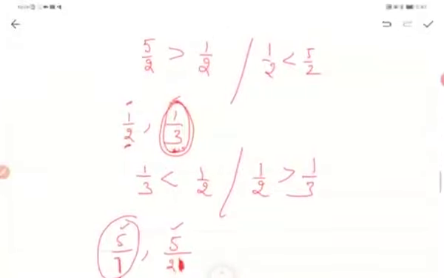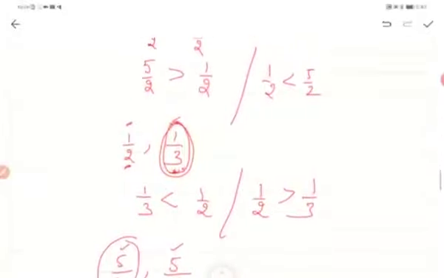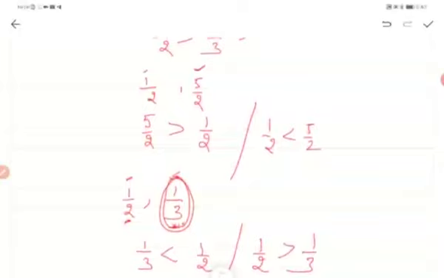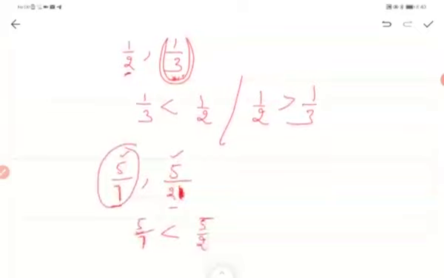So it is exactly the opposite of the case where denominators are equal. There you compare numerators, and the bigger number in the numerator will be the bigger fraction compared to the other. Whereas it's opposite when numerators are the same: when you compare denominators, the number which is greater in the denominator means that whole fraction is lesser than the other fraction.